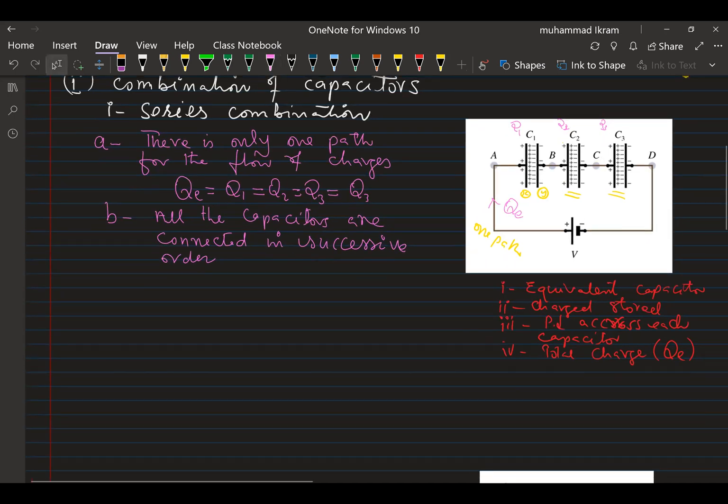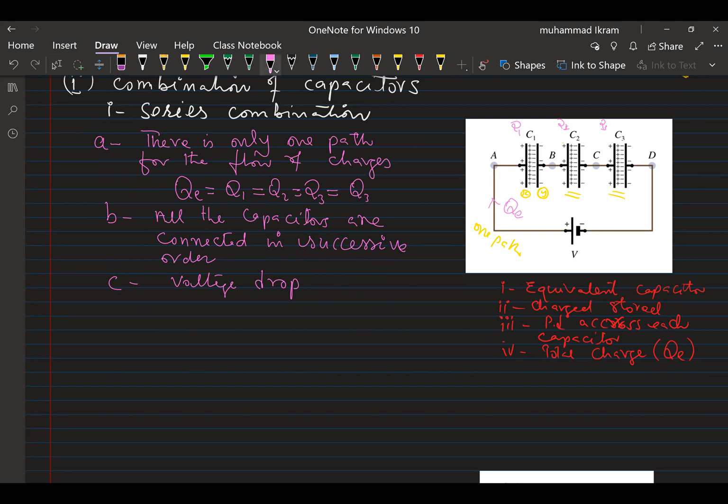And the third important point in this combination is the voltage drop. Sometimes we call it the IR drop, but here it is a capacitor, so the word IR drop is not good.